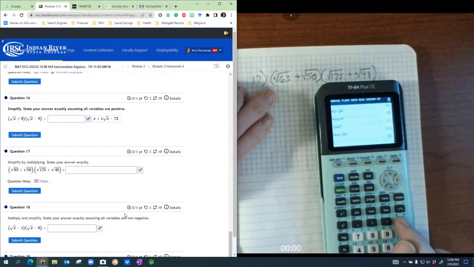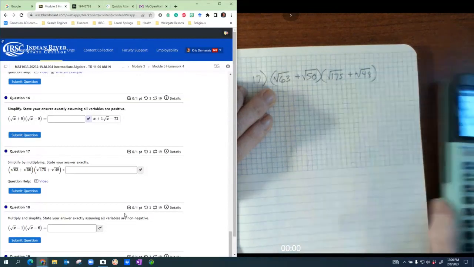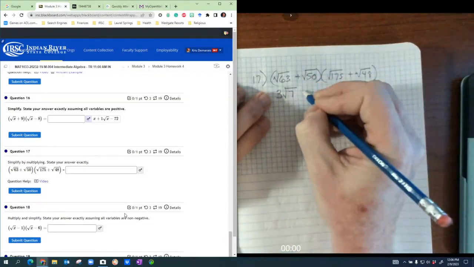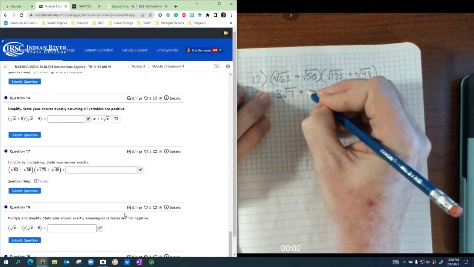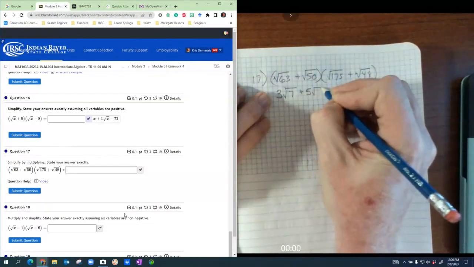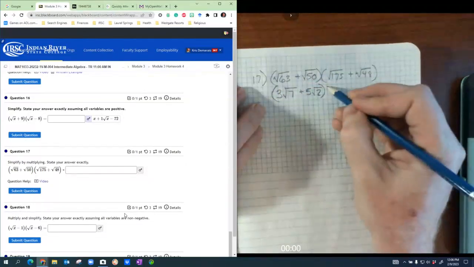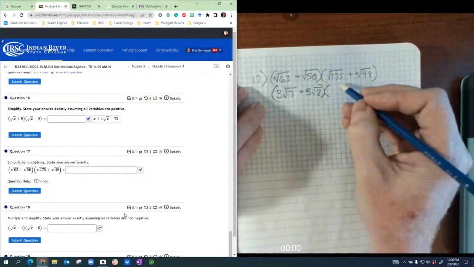I know that 63 is divisible by 9, so I can say that this is 3 radical 7. 50 is 25 times 2, or 5 radical 2. So I can break it down into smaller radicals first, before approaching this any further.